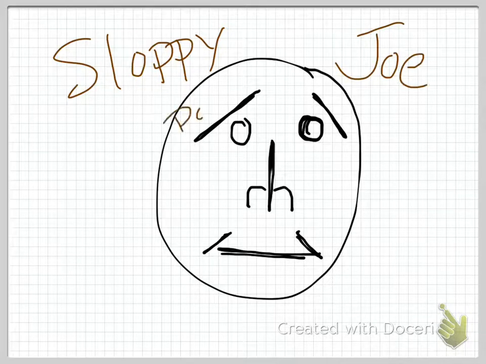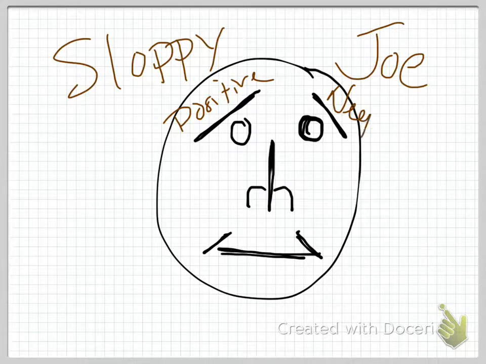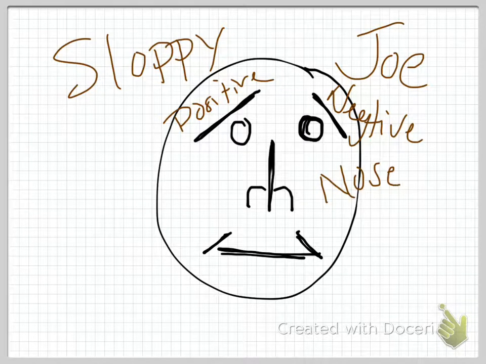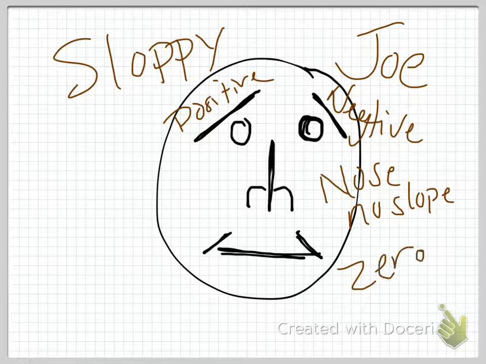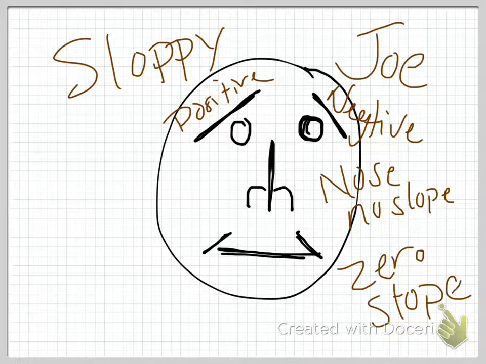Notice he has a positive eyebrow. He has a negative eyebrow. He has a nose for no slope. And his mouth is shut, so he's not saying anything. So he has a zero slope for a mouth because he's got zero to say. Alright, so there's your other options.